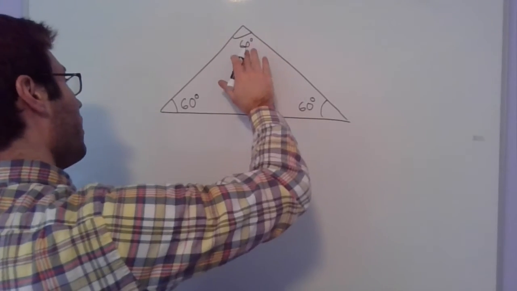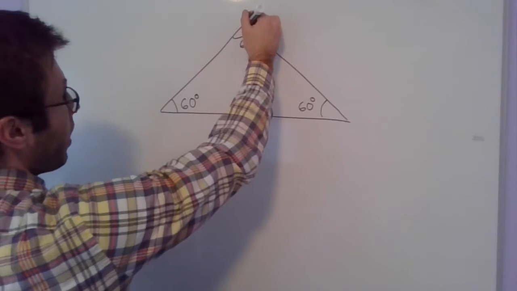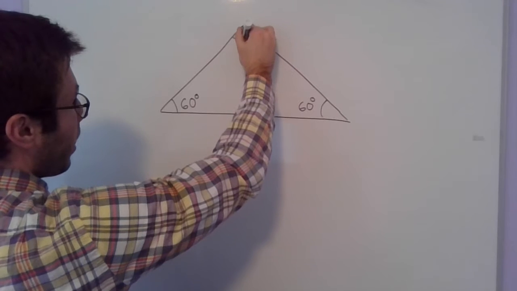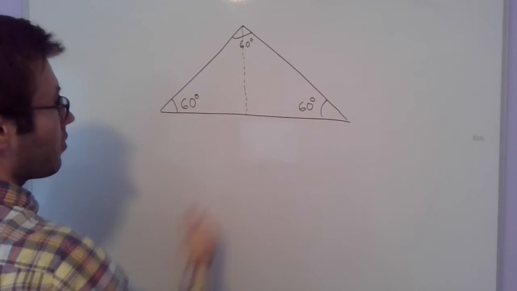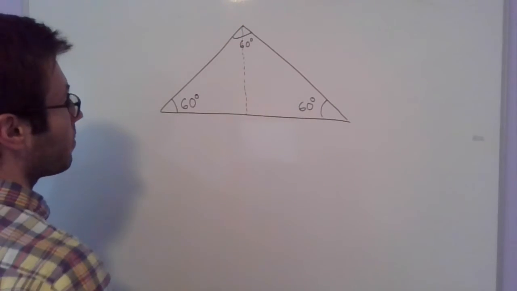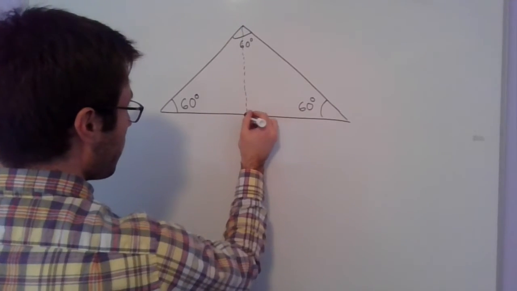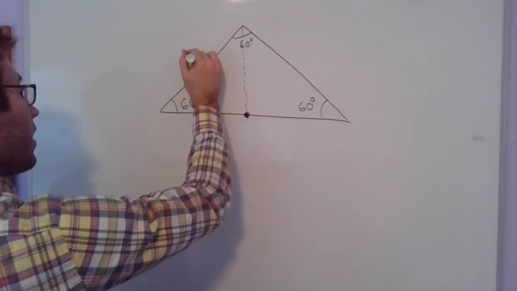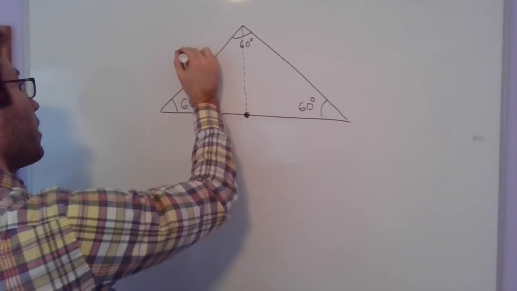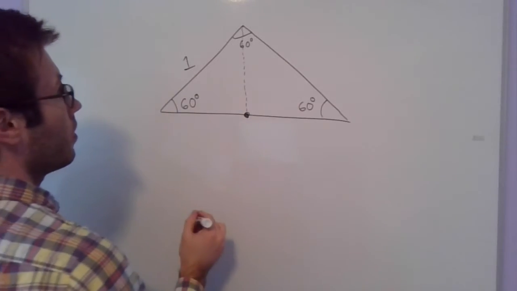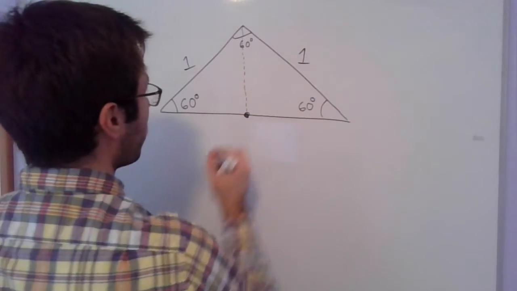So if this is 60 degrees, what I'm going to do is go down and break that up. So I'm going to split that thing in half. Now this is going to be my midpoint. And I'm going to say that I can make this length as long as I want. I'm going to make this thing 1. So this also must be 1 here.